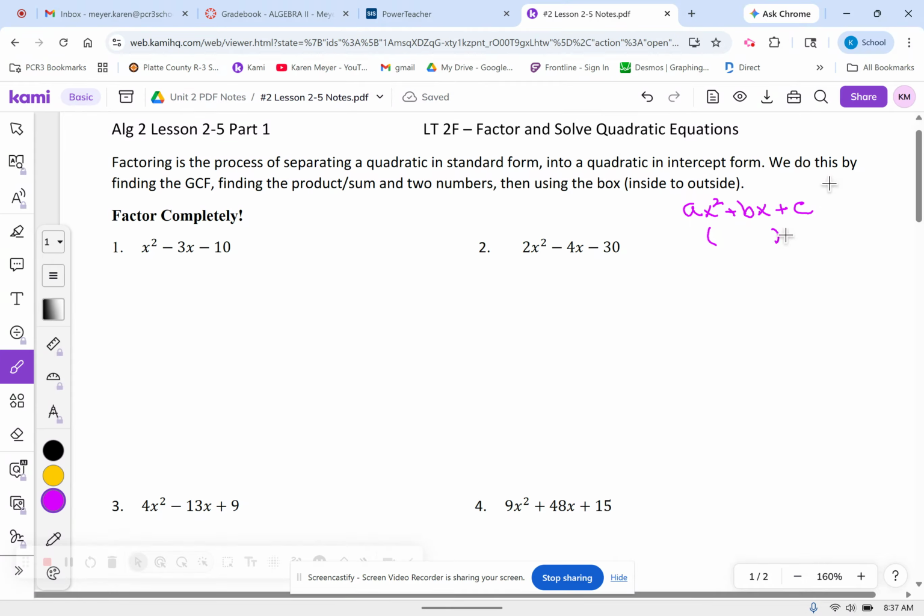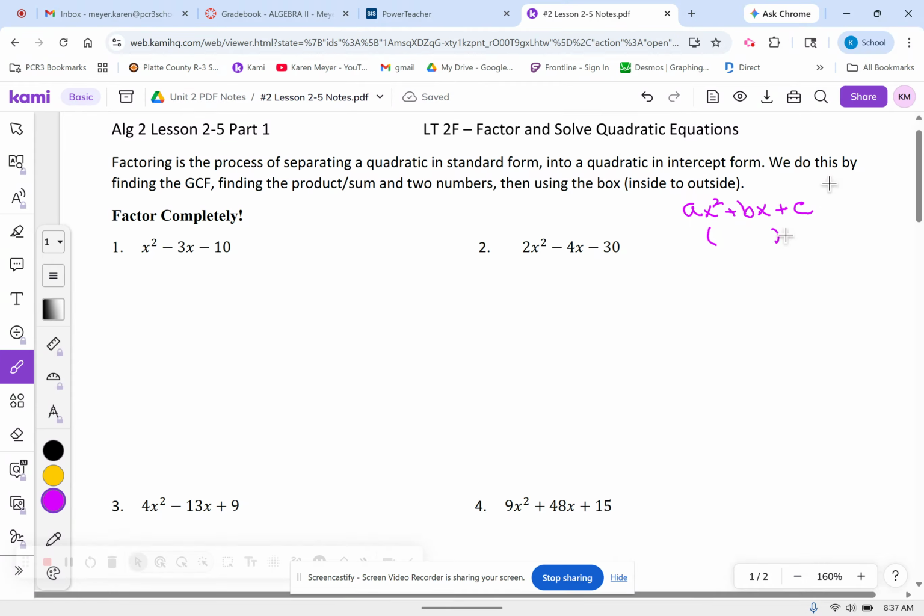So in order to make this happen, the first thing you would do is look for a GCF, and then you go into the product and the sum. That's the one where we just did the worksheet that had the x, and the product was the top number, and the sum was the bottom number.